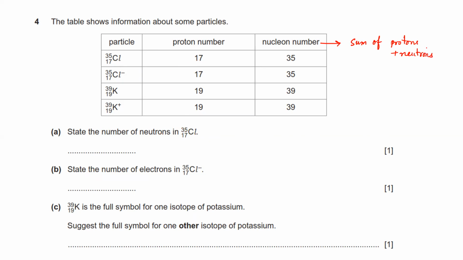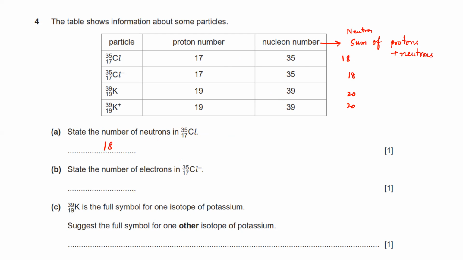So to find neutrons here, just simply minus 17 from 35, it becomes 18. 39 minus 19 is 20. So number of neutrons in this is 18.